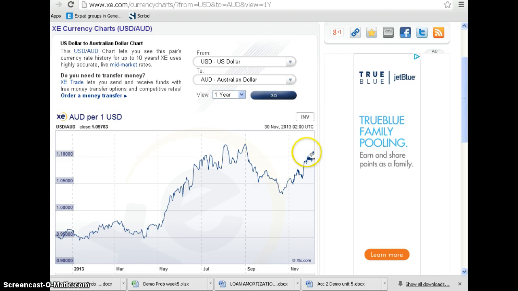So you can see the past few months it's been drifting upwards. It was almost at par, meaning 1-for-1 parity, and now it's been drifting upwards to, one US dollar is worth 1.10 Australian dollars. So the next thing we want to do is understand why, or learn why.